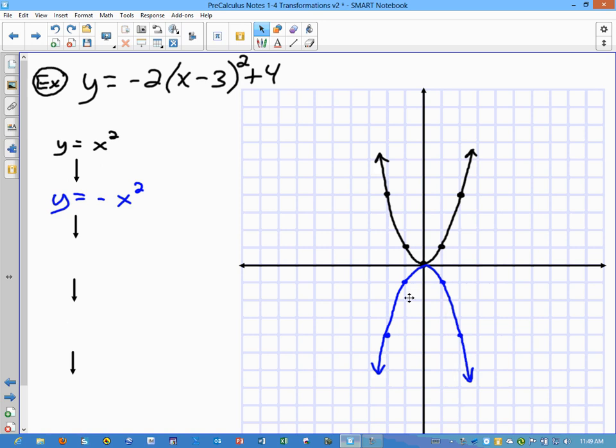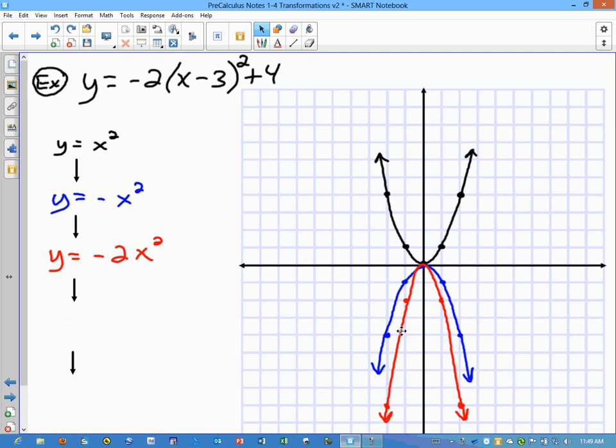It's going to be 1, 2. And instead of 2, 4, I'm doubling the y value only, so it'll be 2, 8. So when I do that stretch, the graph is going to look like this. From the origin, instead of 1, 1, I go 1, 2. And then instead of 2, 4, I go 2, 8. And we're talking about 8 units away from where you are. So we're talking about distances here.